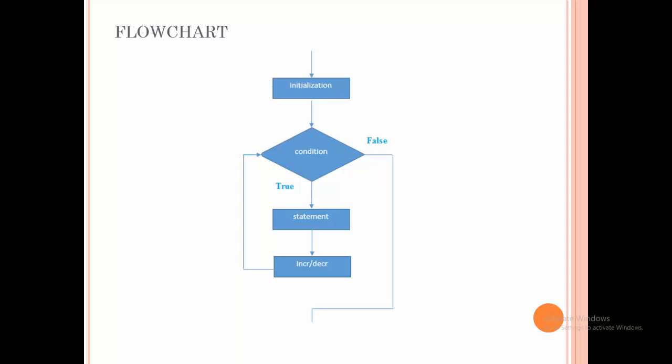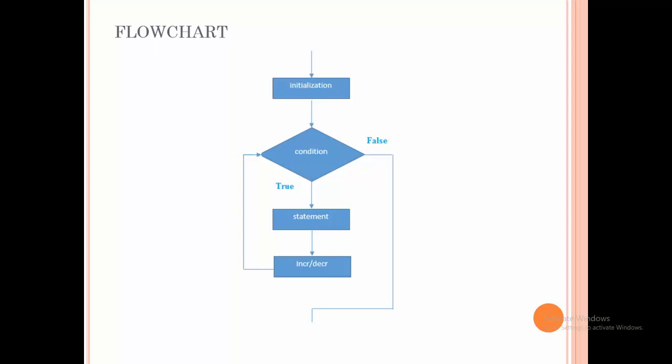So the condition is to be checked before executing the statement. If it returns a positive boolean value, then the statement will get executed. If the boolean value is negative, then it will not execute the block of statements.